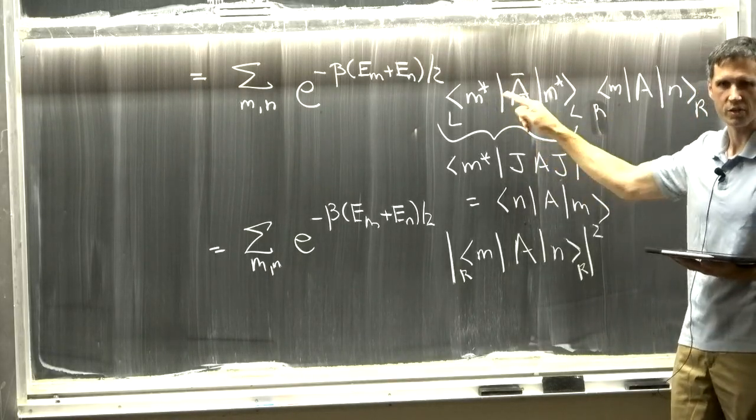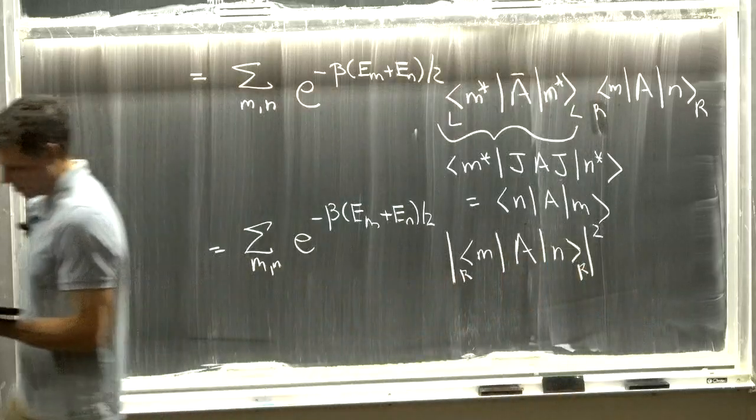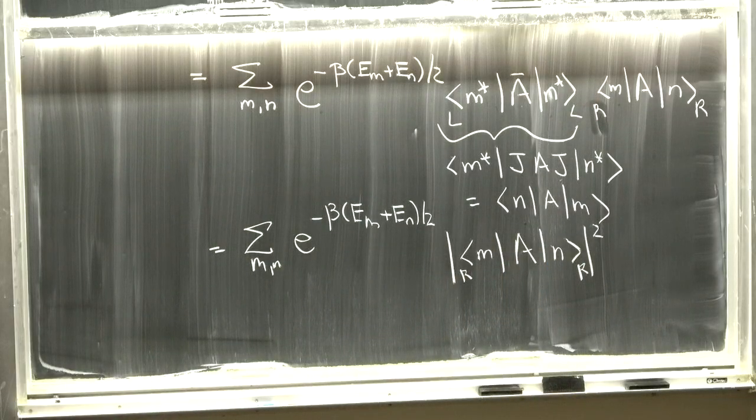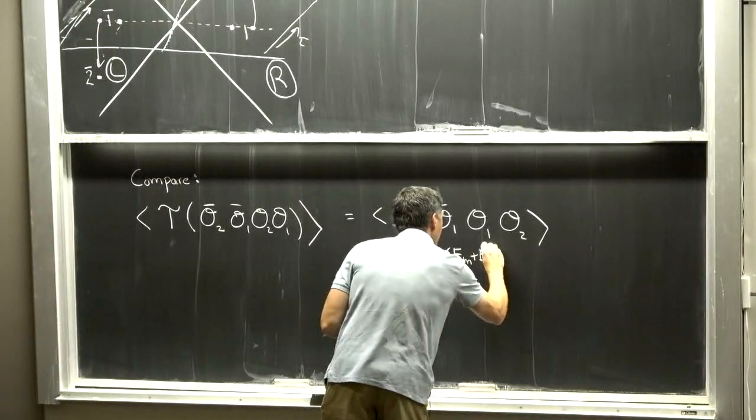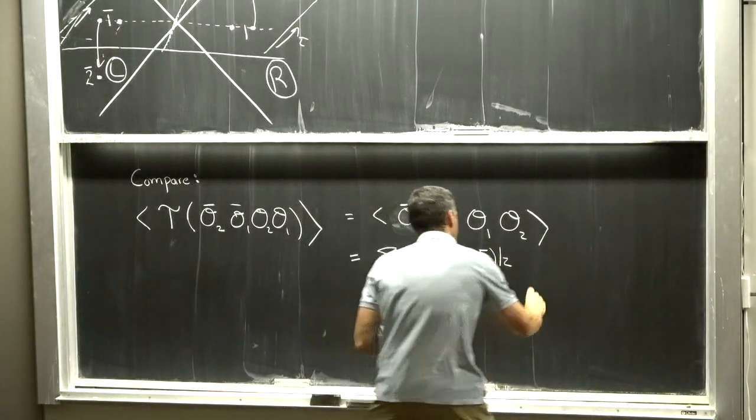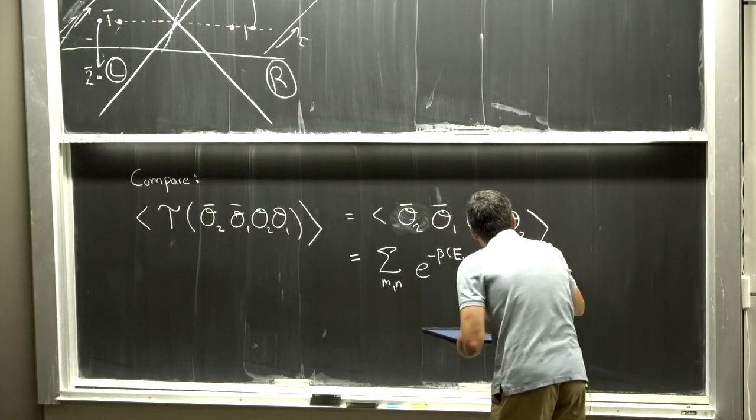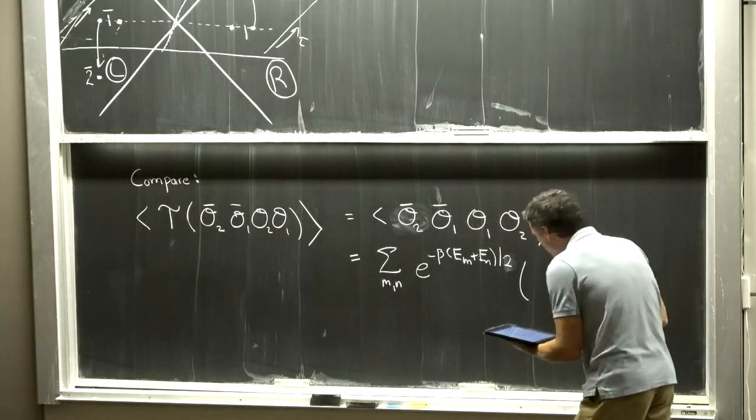So if we go back through that, we're going to get the sum over m and n, e to the minus beta (E_m plus E_n) over 2, times the same thing, but without the absolute value.